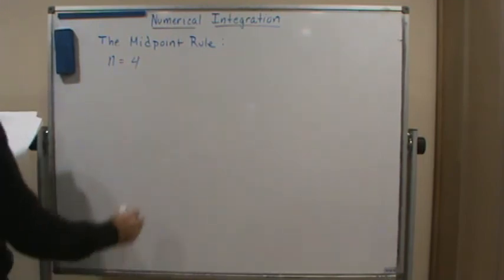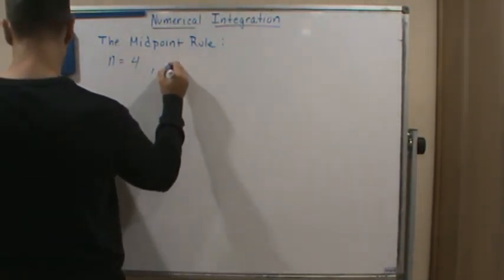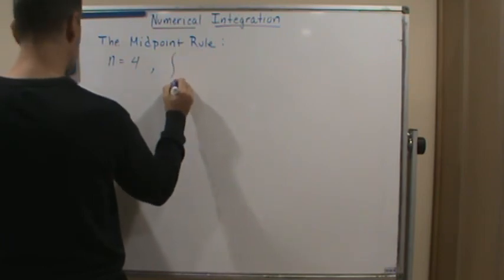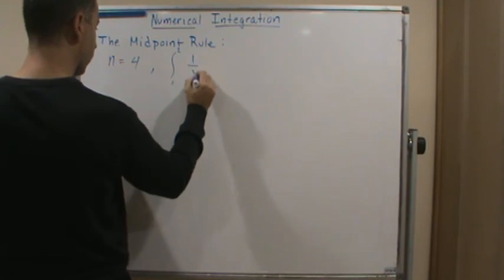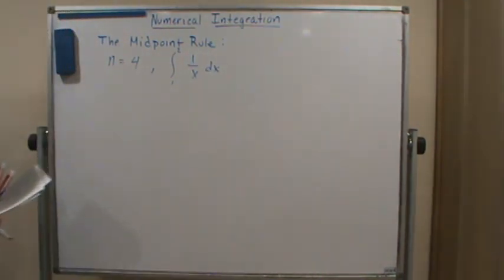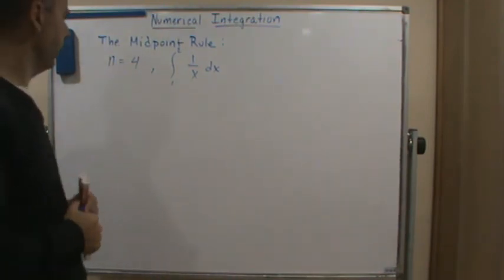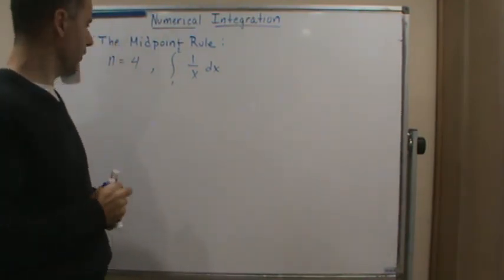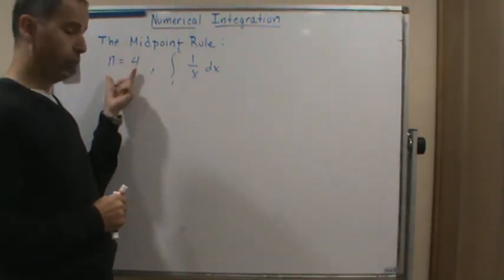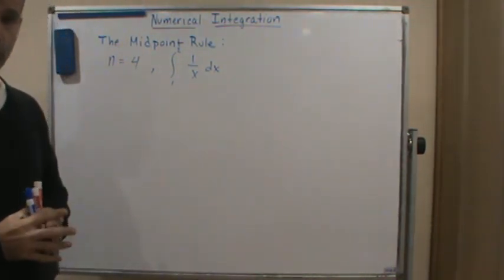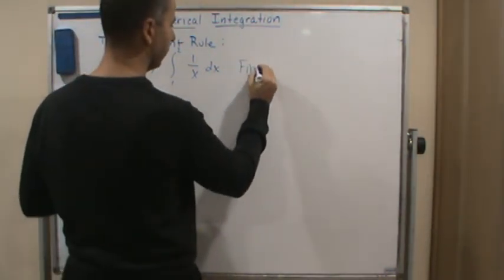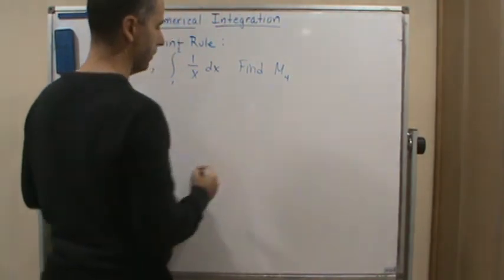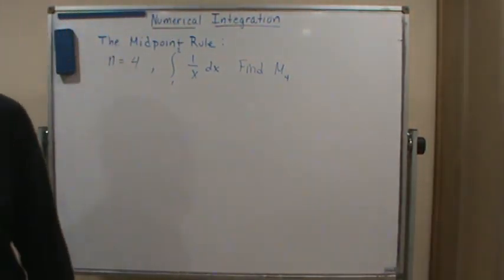Let's do n equals 4 and estimate the integral from 1 to 2 of 1 over x dx. Okay, so do that one. Use the same thing. All we're going to do is estimate this integral with 4 subintervals using the midpoint rule. So basically find m sub 4. Okay? See you next time.